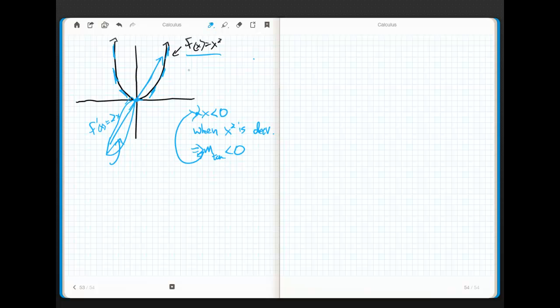So if I want to know what f primed at -3 is, I no longer have to go through the business of the limit as x approaches -3. I know I've got a formula. I just take 2 times -3 and I get -6. So over here, let's change my color one more time.